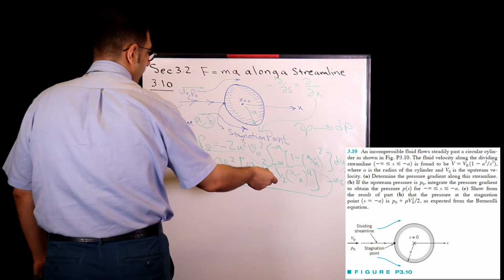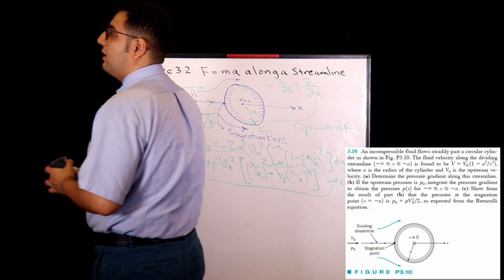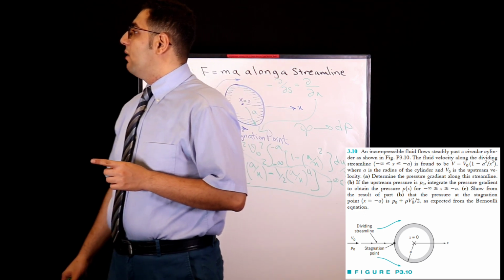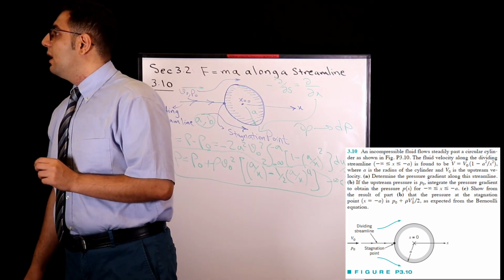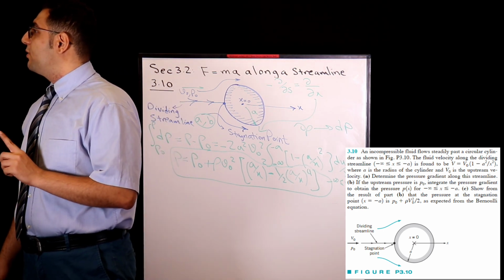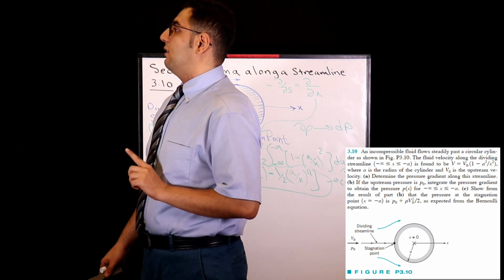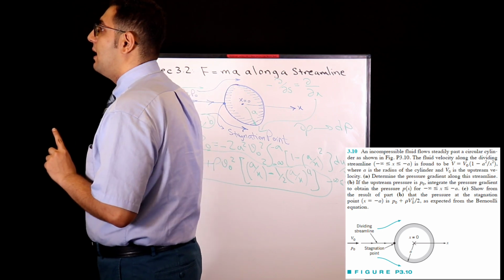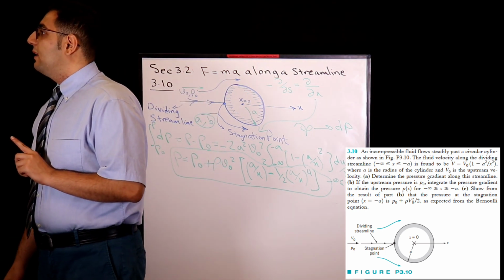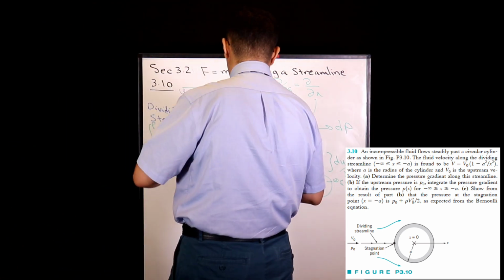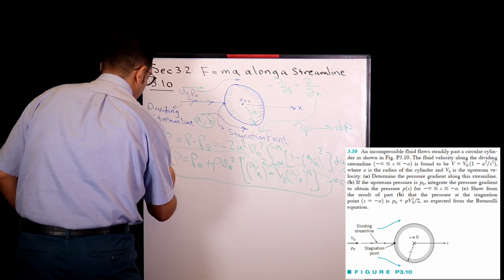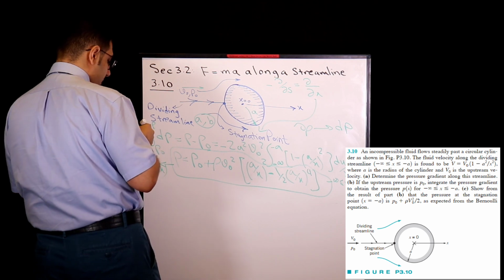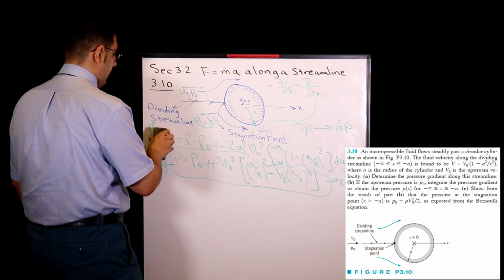And for part B, the question wanted us to find out, if the upstream pressure is P0, to integrate the pressure gradient to obtain the pressure as a function of x. This is P as a function of x. We have done the whole of parts A and B together.